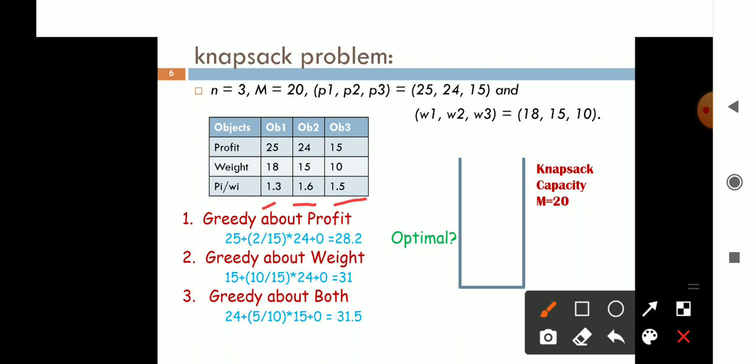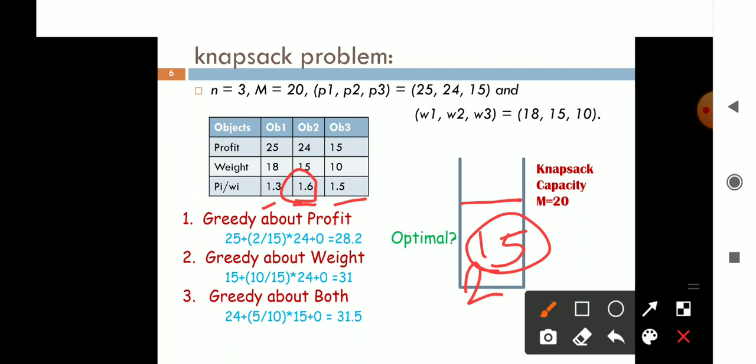So first we will choose 1.6. Now 1.6 means we have put all the 15 items from object 2 in the bag.